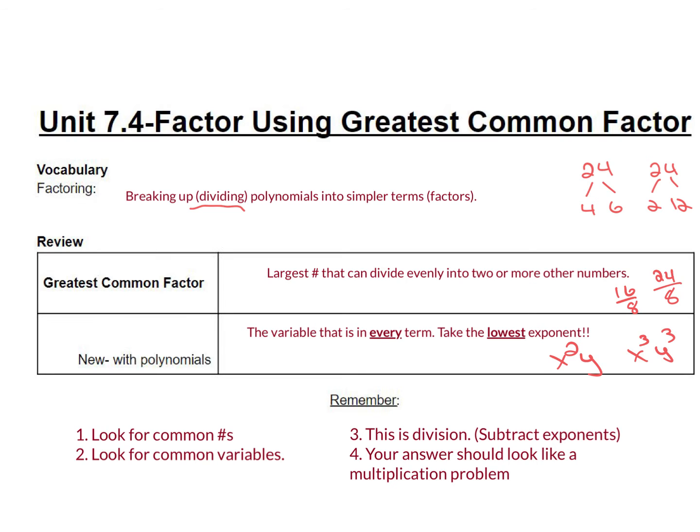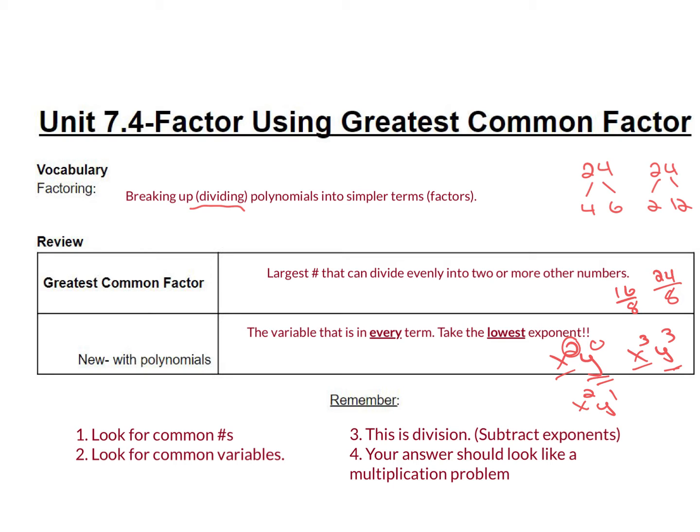What we're really looking at doing is saying, okay, in x's, take the lower one. In y's, we're taking the lower one. So our greatest common factor of those two would be x squared y to the first. We'll look more at that as we go, but it's always going to be the smaller of those exponents.